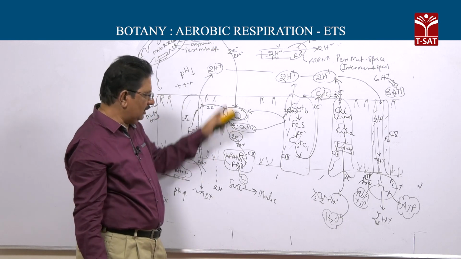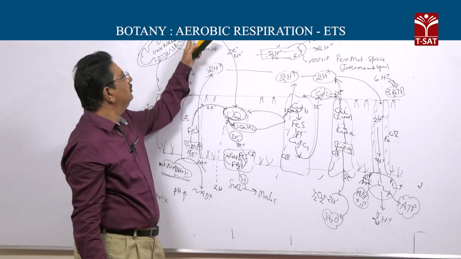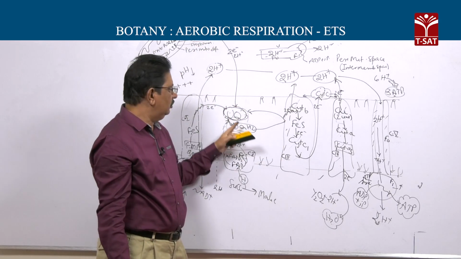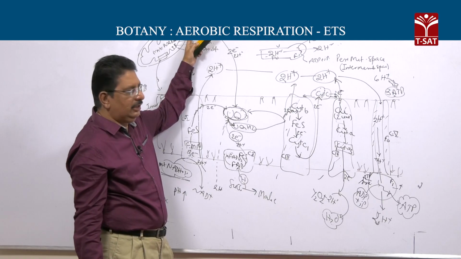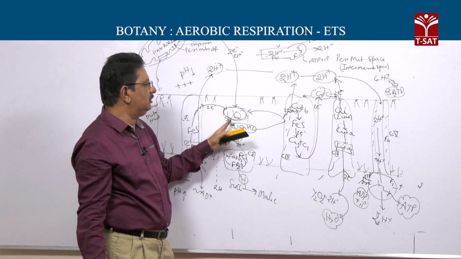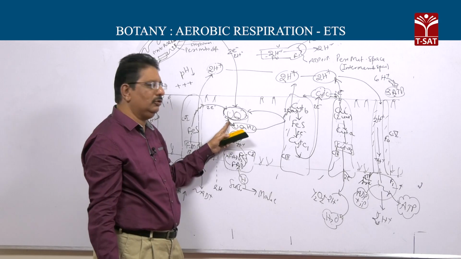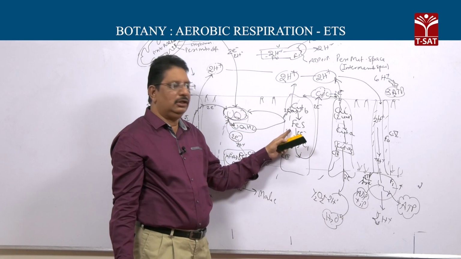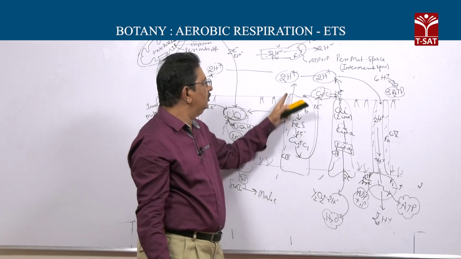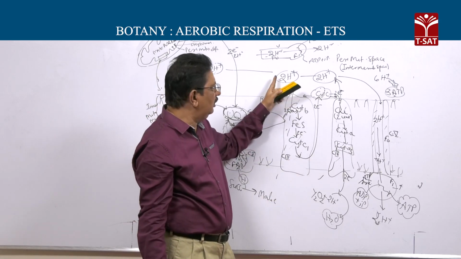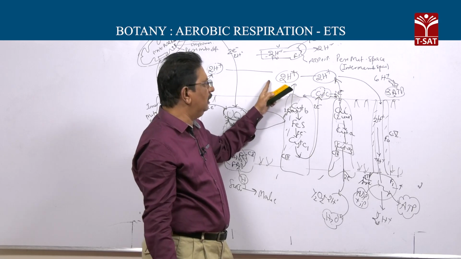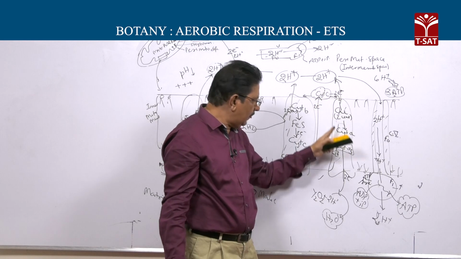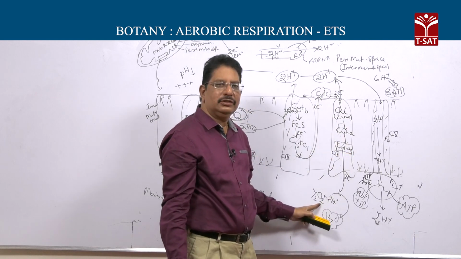Just like oxidation of FADH2, cytosol NADH is also oxidized. Here from cytosol NADH, electrons and protons straight away transfer to ubiquinone, which converts into ubiquinol, then electrons go to complex 3, protons into the mitochondrial inner membrane space, then cytochrome C, complex 4 and oxygen.